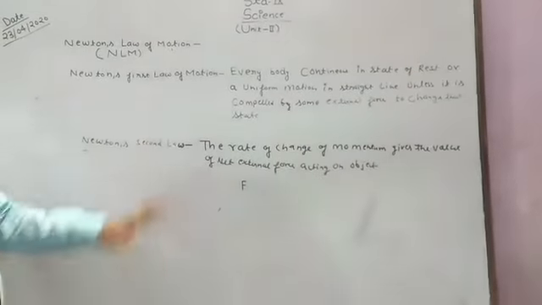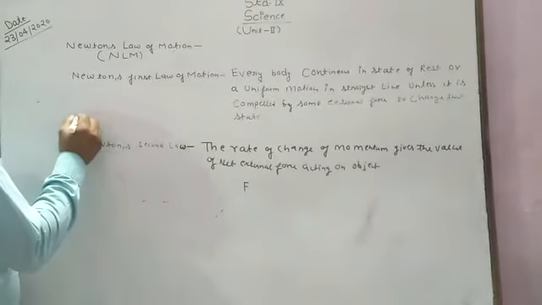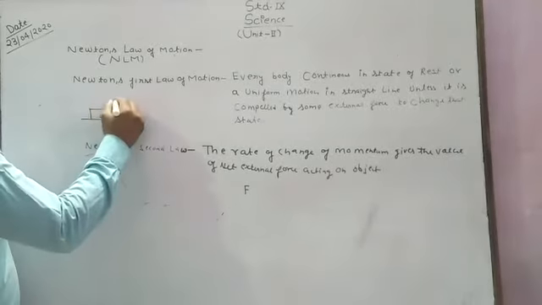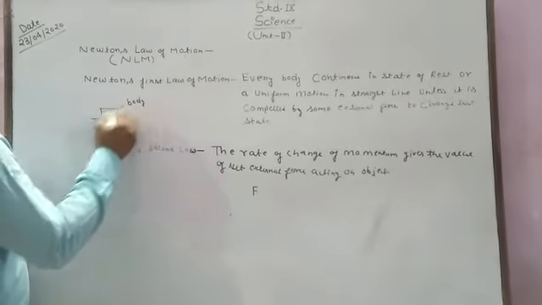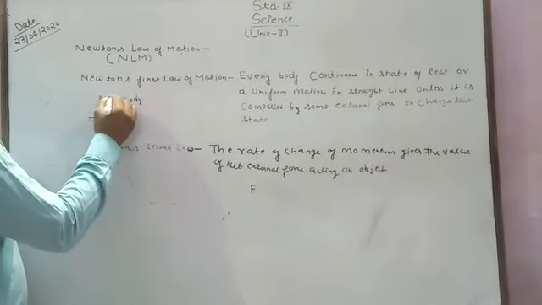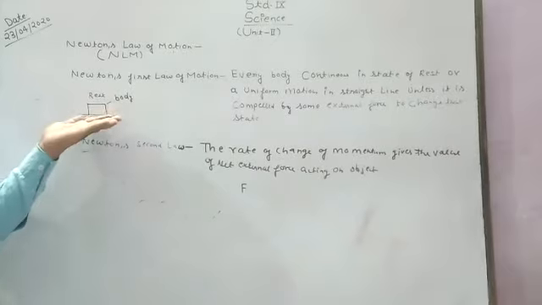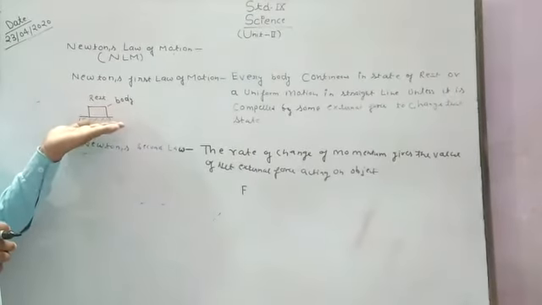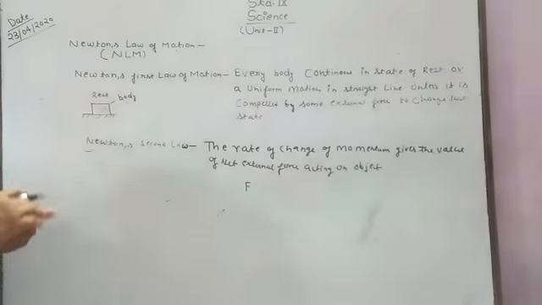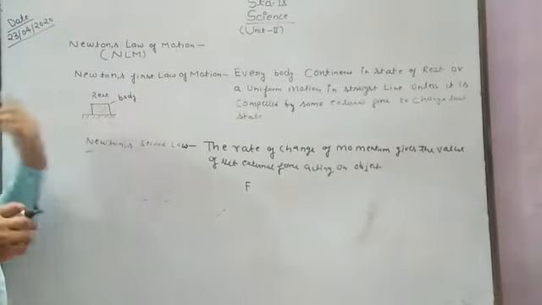It means if we consider this object, my body, on this surface, and it is at rest, it will always be at rest until and unless an external force is applied on the object.